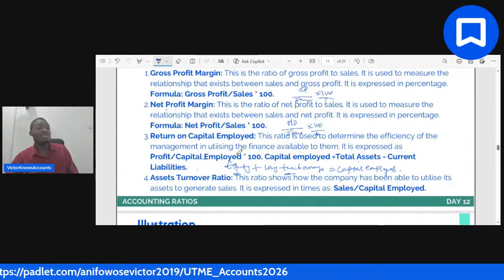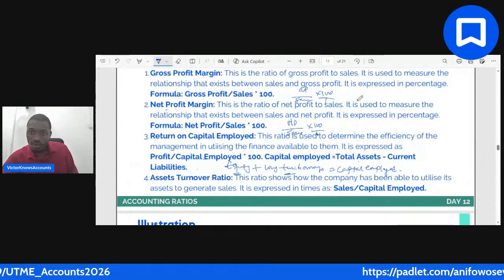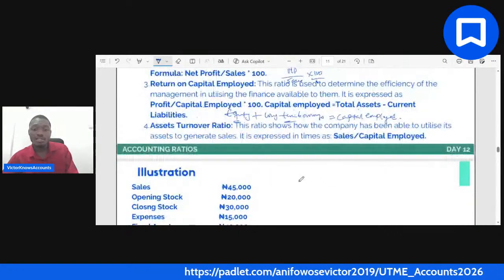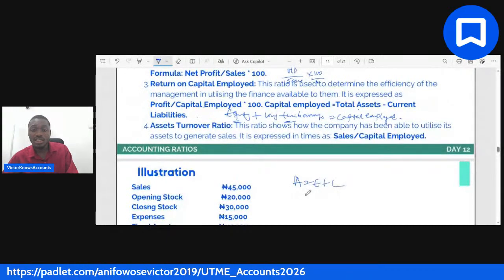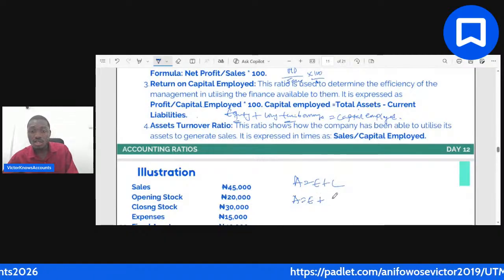Don't forget the accounting equation that we did. All right. So if assets equal equity plus liability, then liability is divided into both long-term and current. So you can say equity plus current liability plus long-term liability.